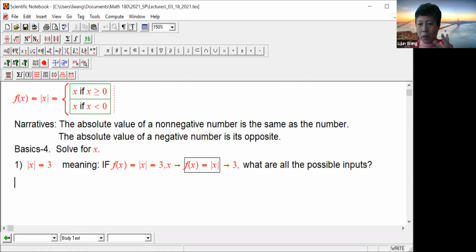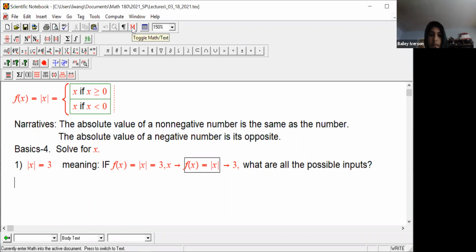So all the interpretations of this if statement: if the output is 3, there are 2 different branches of what we can do. I'm sure everybody knows the answer, don't you? If the output is 3, what are all the possible inputs? Plus 3 or minus 3, that's right.